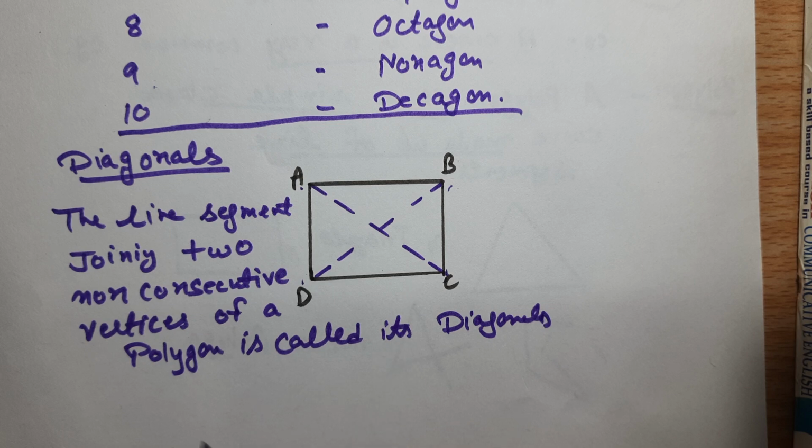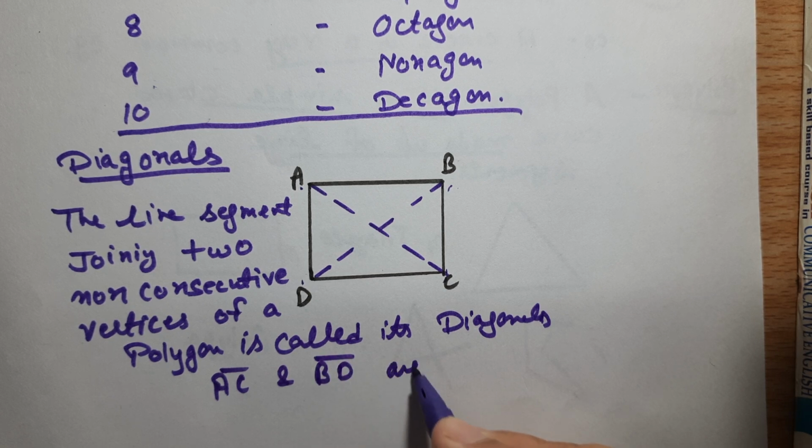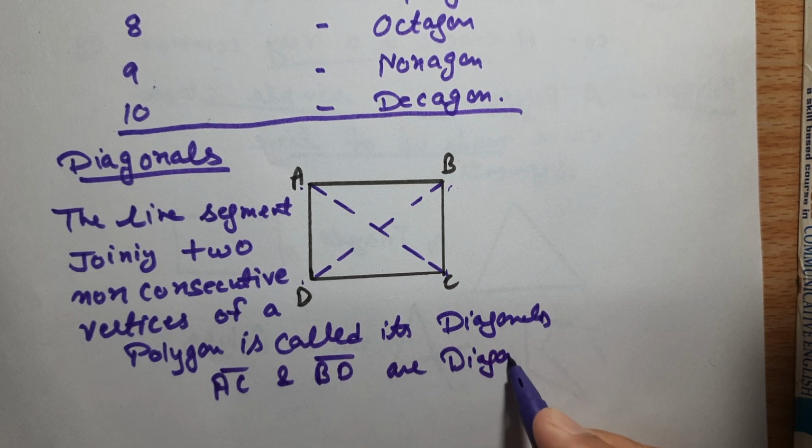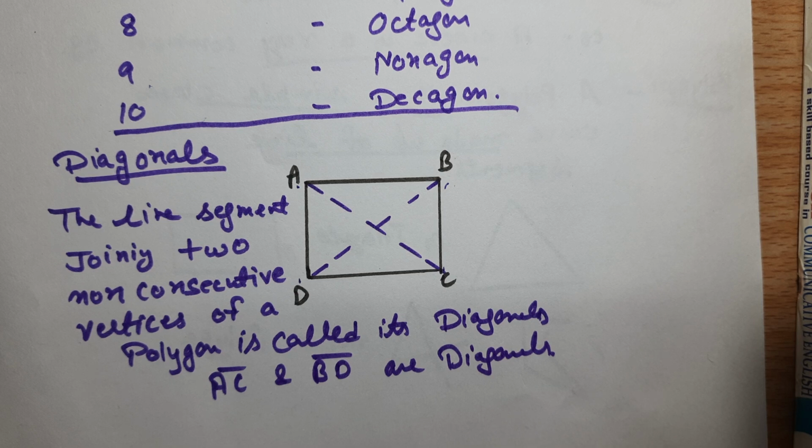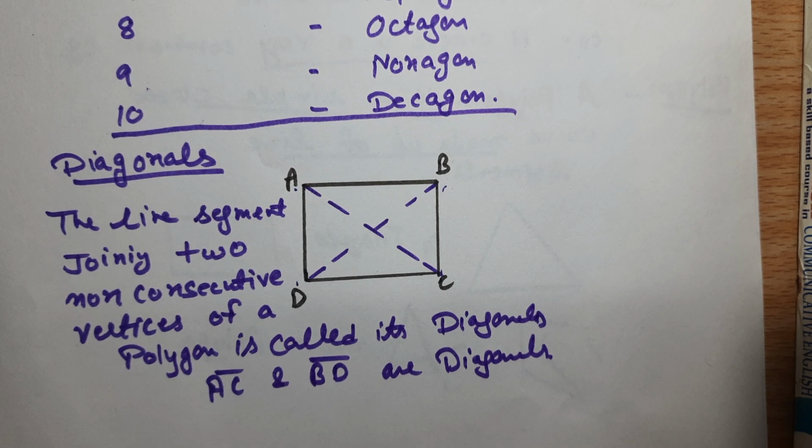So in this quadrilateral, AC and BD are the diagonals. And on the basis of diagonals, we can say which type of figure it is, convex or concave. Now we will understand about this.